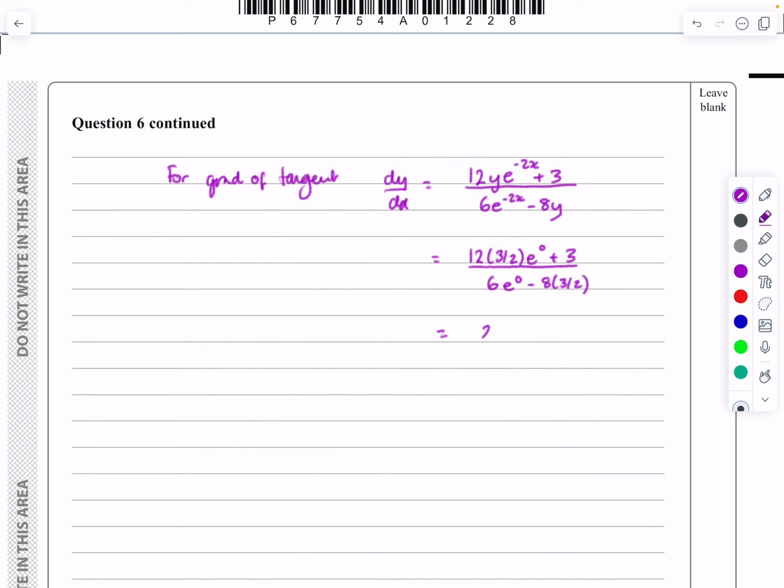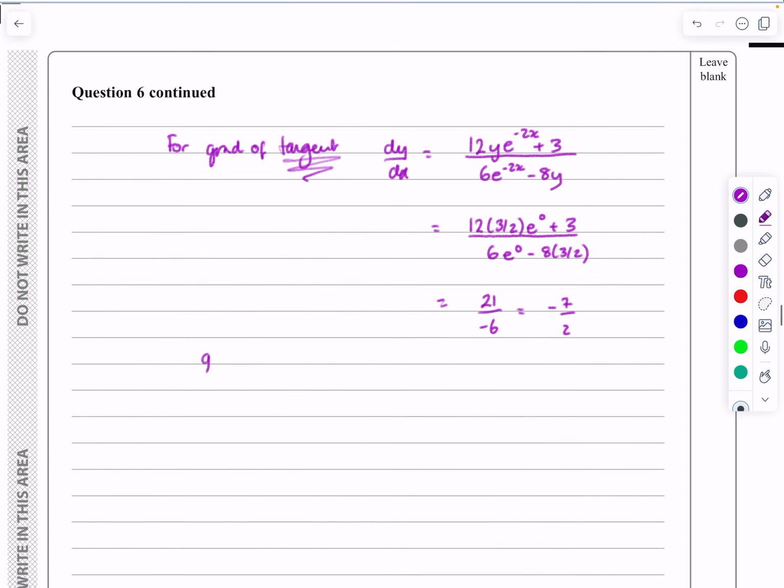It works out to be 21 over minus 6, or in other words, minus 7 over 2. But that's the gradient of the tangent. So the gradient of the normal is minus 1 over that. So there are lots of little places where we might make mistakes here, where we really need to focus on what we're doing and take our time over it.